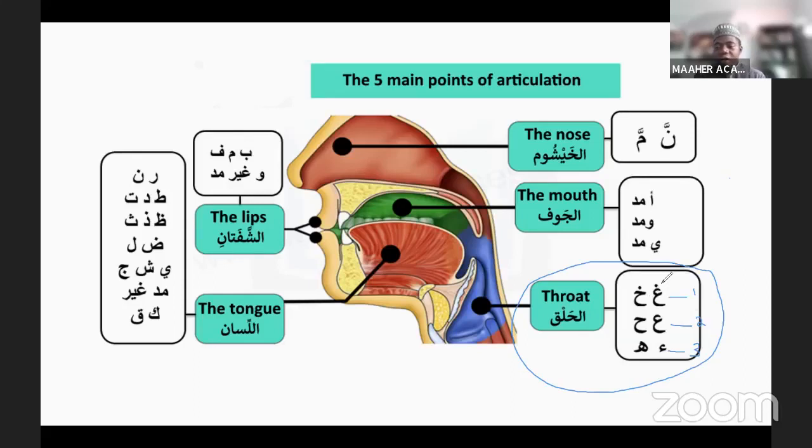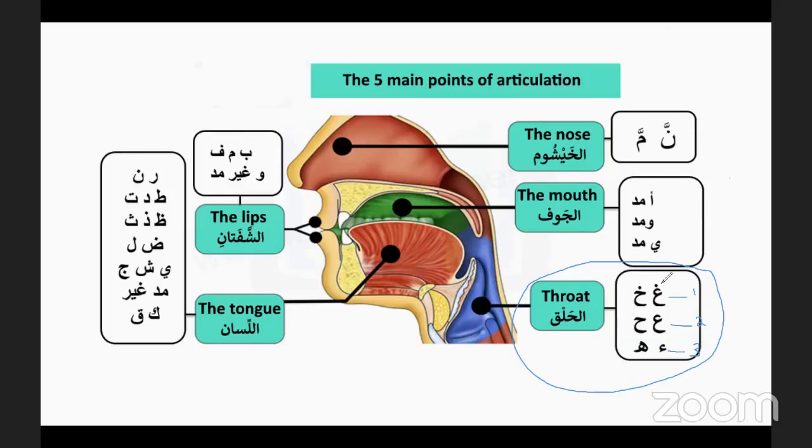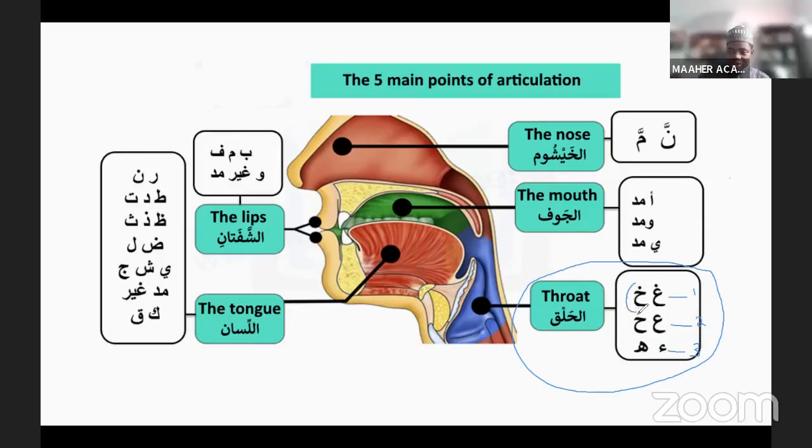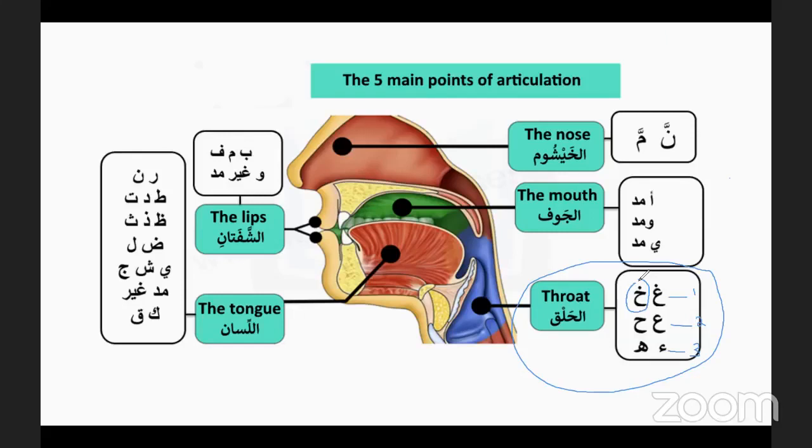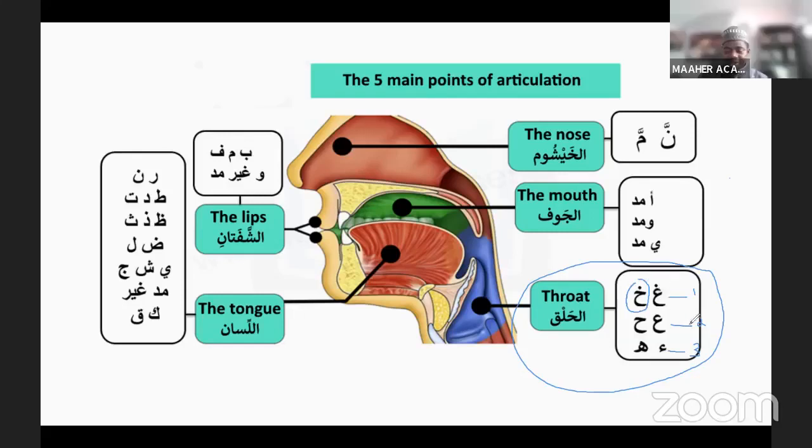So everyone say Gha. Gha. Gha. And so who's going to pronounce this one for me? This one is Kha, right? Kha. So you see, when you pronounce it you feel it in your throat. If you don't, then you're not pronouncing the letter. Okay, we're going to have some practice, guys.